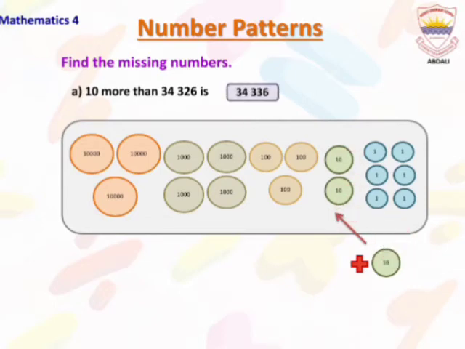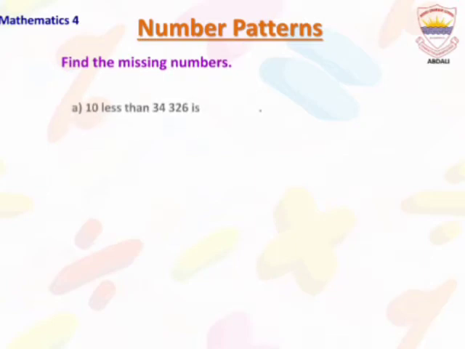Total number of tens place number disks is 3. So 10 more than 34,326 is 34,336.